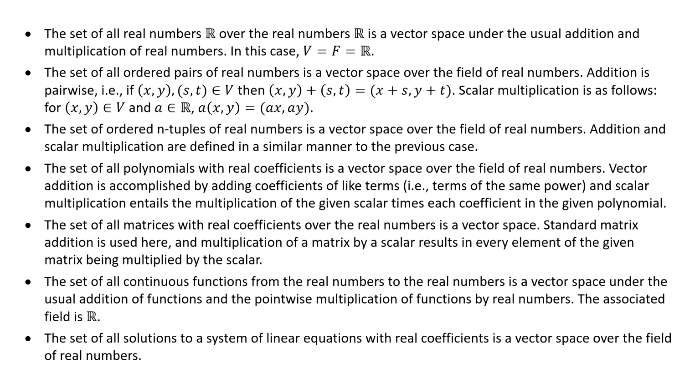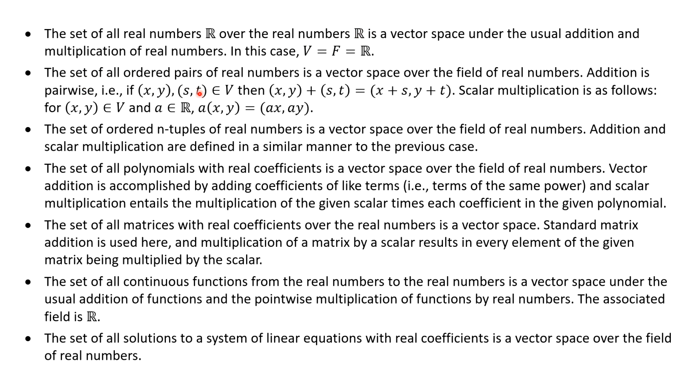Let's look at a few examples on this slide. First one is the set of real numbers over the real numbers is a vector space under the usual addition and multiplication of real numbers. In this case, the vector space and the field equal the real numbers, as I stated here.